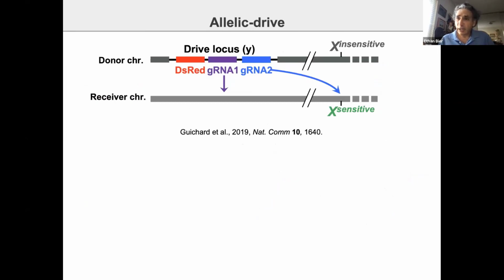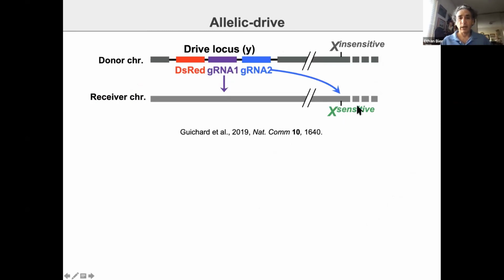There's another strategy wherein you have a gene drive at one locus and you use it to also carry a second guide RNA that biases the inheritance of a second allele, one of which is desired, the one that can't get cut, and the one which is not preferred is the one that can get cut.